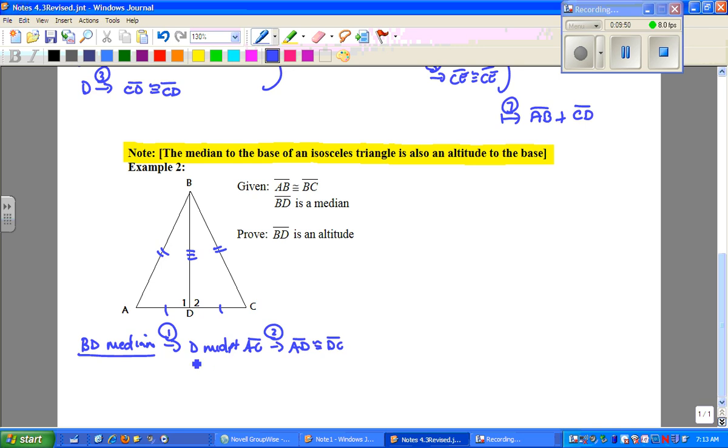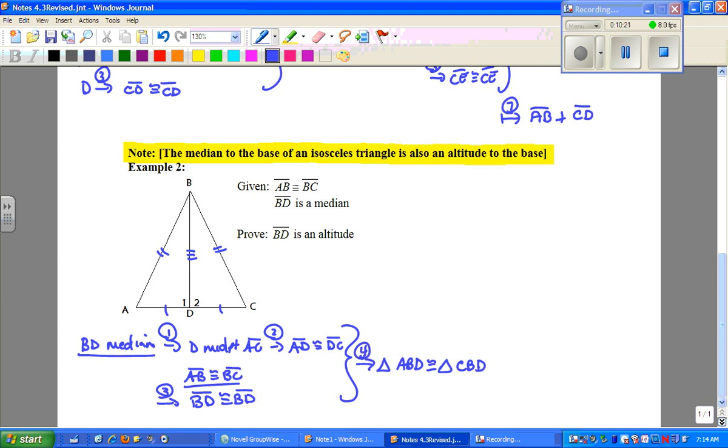Next, we have the other given, AB is congruent to BC. And lastly, we have, looks like reason 3, reflexive BD congruent to BD. Causing triangle ABD to be congruent to triangle CBD.